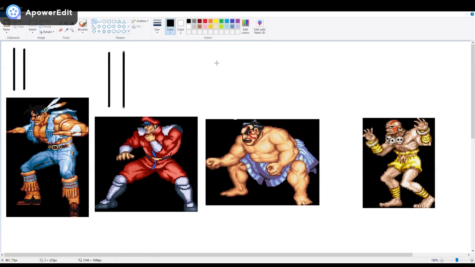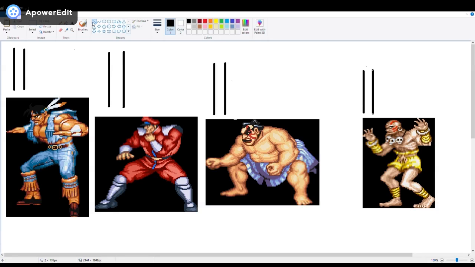And then E Honda gets a point for being the thickest of them all, and another one for having the highest jump. Dalshim gets a point for being able to teleport, and another point for having the longest arms.